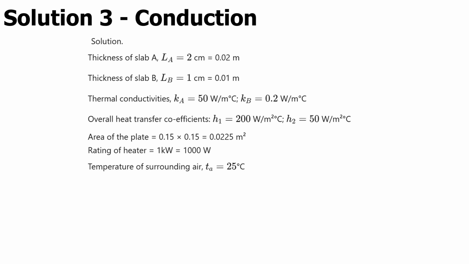The area of the plate is 0.15 multiplied by 0.15, which gives us 0.0225 square meters. The rating of the heater is 1 kilowatt. Finally, the temperature of the surrounding air TA is 25 degrees Celsius.